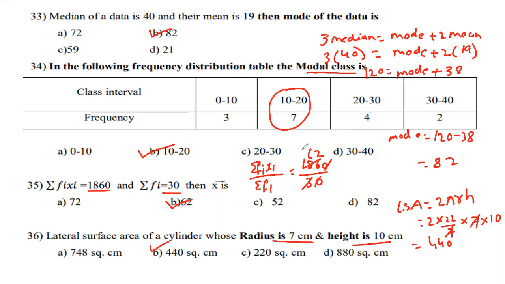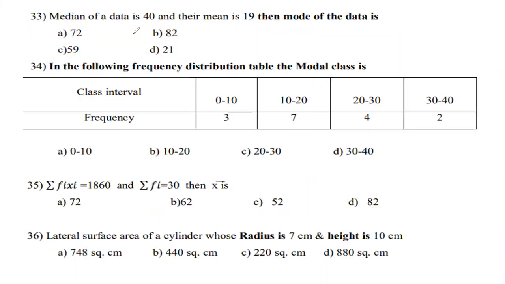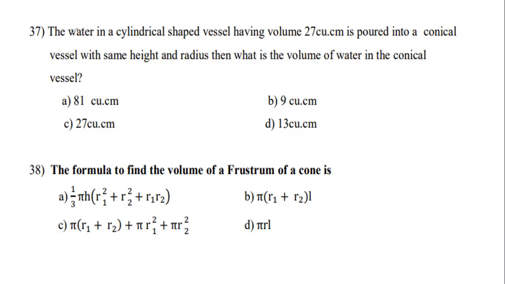Next, go for 37th question. The water in a cylindrical shaped vessel having volume 27 cubic centimeter is poured into a conical vessel with the same height and radius.